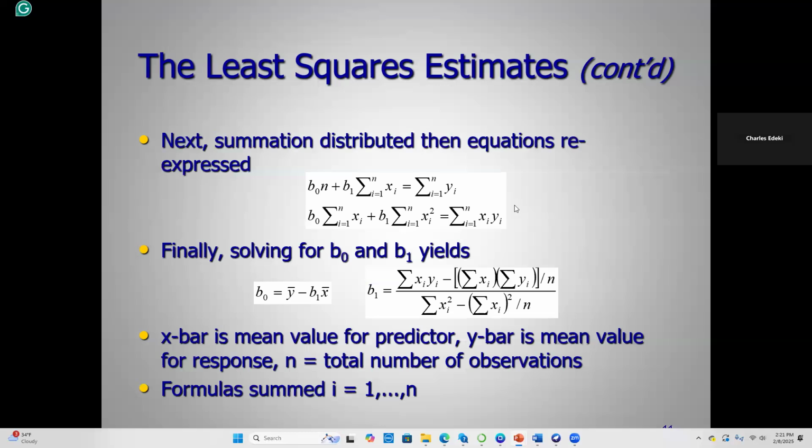So here we have b0 n plus b1 times the sum of xi from i equals 1 to n. So this will give me x1 plus x2 all the way to plus xn.